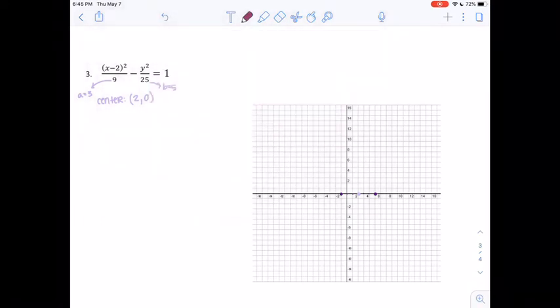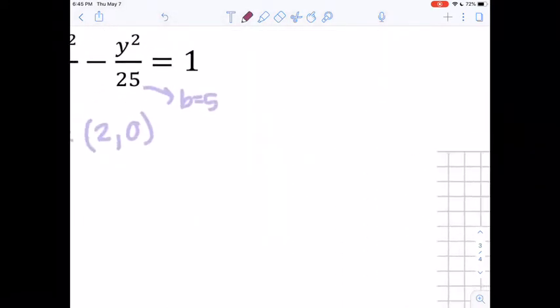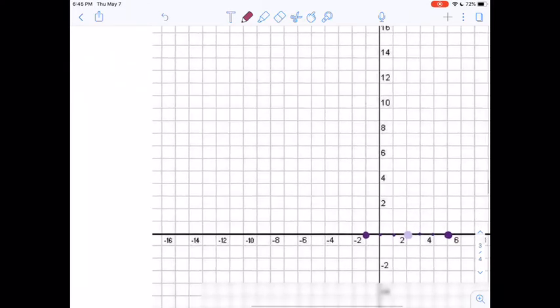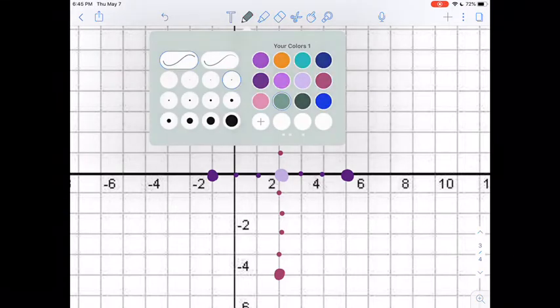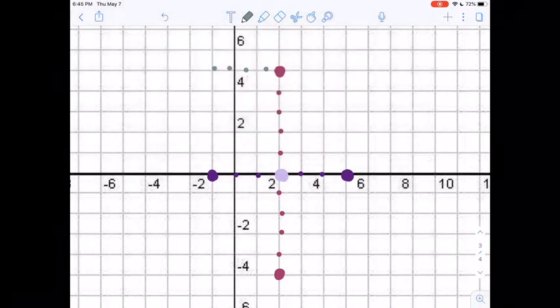Okay, and then since the 5 is underneath the y, that means I'm counting up and down 5. 1, 2, 3, 4, 5. 1, 2, 3, 4, 5. And then we have to create a rectangle. So be careful when you're making this. So kind of just make sure you're in line with the dots.